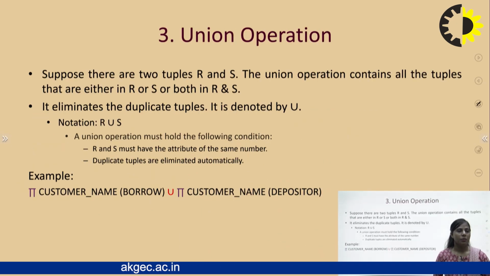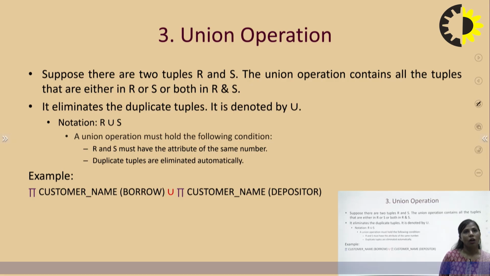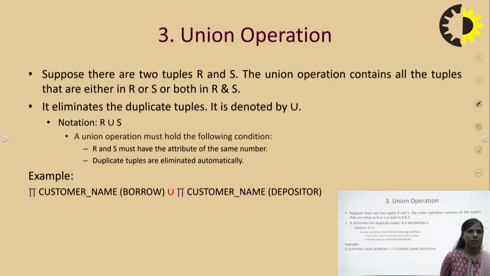Now the third operation is the union operation. The union operation works to combine all the tuples in both tables. It can be used, for example, if we have two tables R and S, which have multiple tuples.